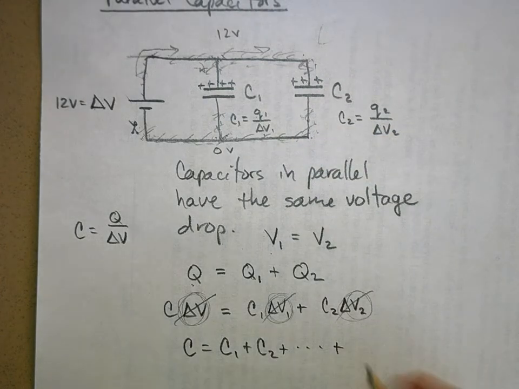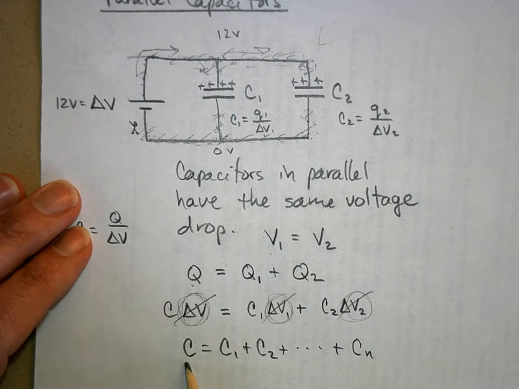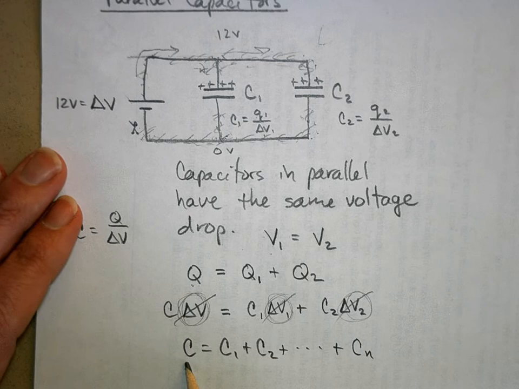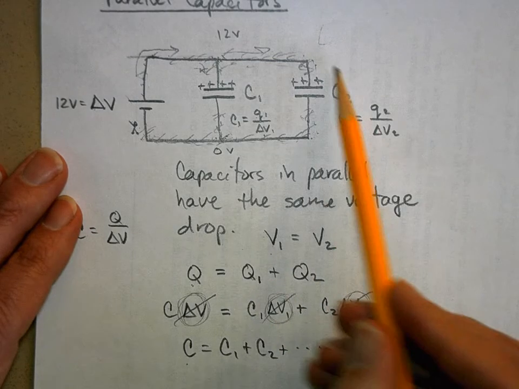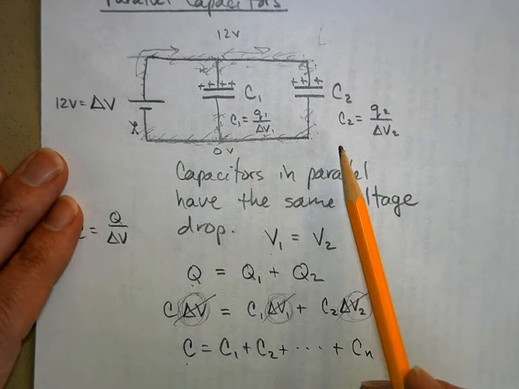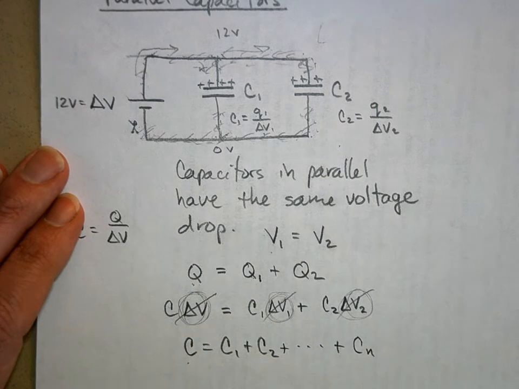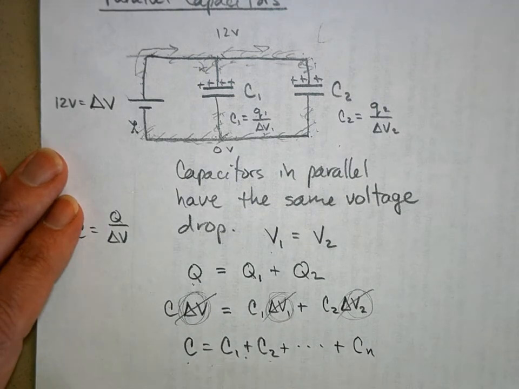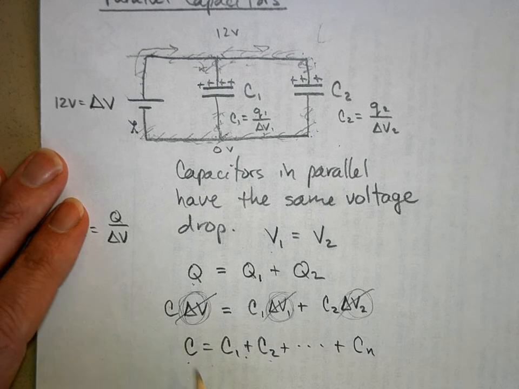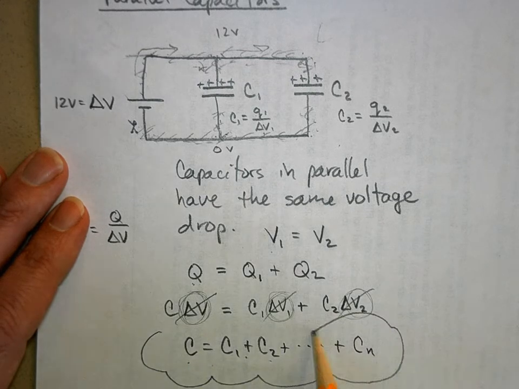Cn. So this right here is called the equivalent capacitance of the circuit. If I've got multiple capacitors in parallel, what one capacitor could I replace them with? Just add the capacitors together. Okay, so there you go.